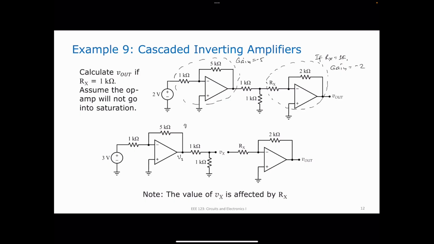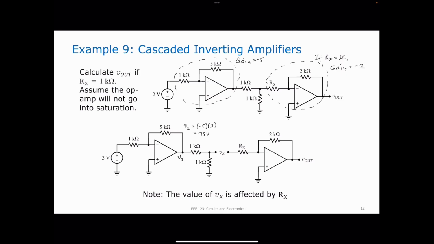V1 will be my gain, -5, multiplied by 3, or minus 15 volts. So the voltage at this point will be minus 15 volts.